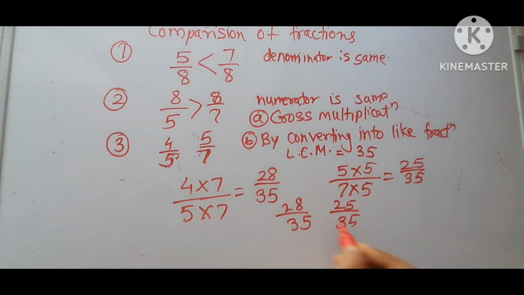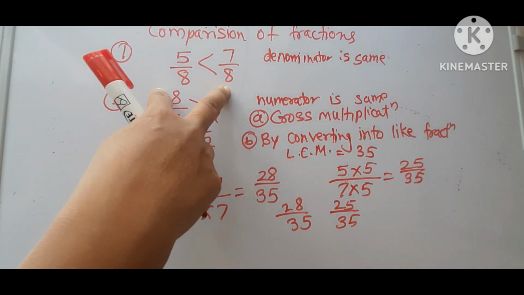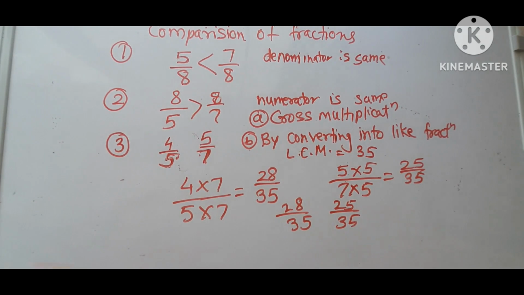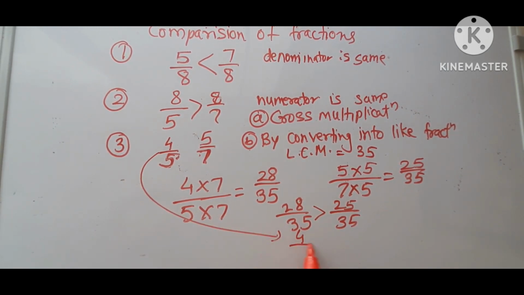These are like fractions, and in like fractions, when the denominators are the same, we just check the numerator. In this case 28 is bigger than 25, so 28 by 35 is bigger than 25 by 35. That means 4 by 5 is bigger than 5 by 7.